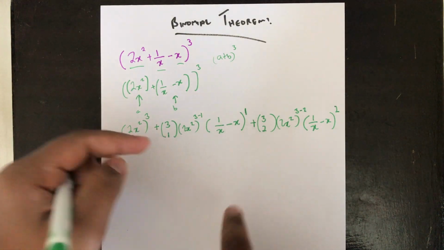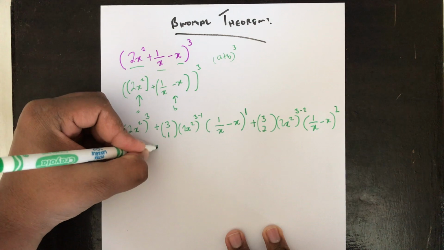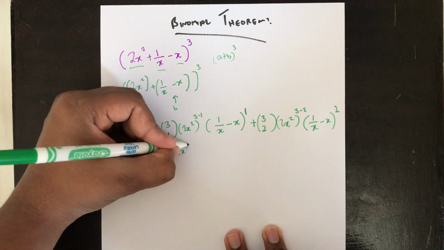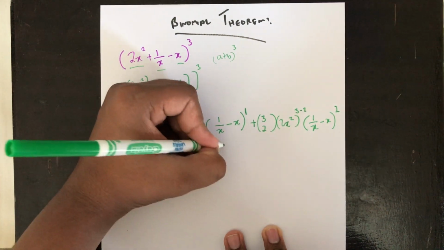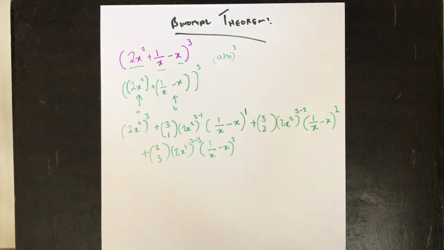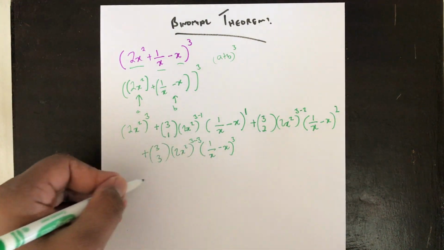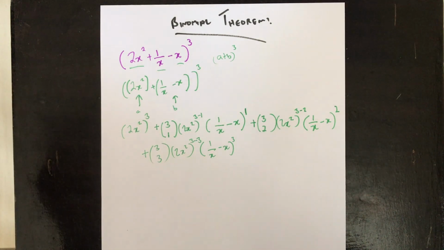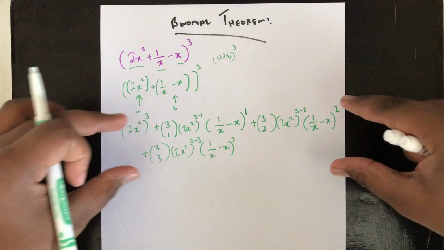So we've got that ready, and then the last term will be 3 choose 3 (2x²)^(3−3) into (1/x − x)³. Now this becomes the last term of the expansion, and I'm sure by now you must have known why it is. If you still need some revision, you could just look at our previous videos. So this is what we are working with.